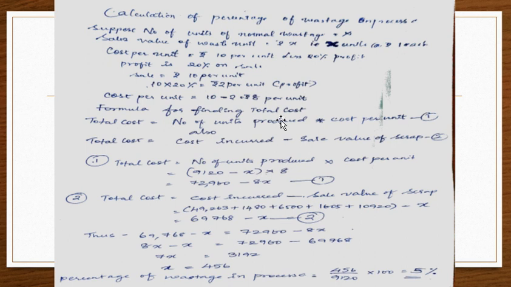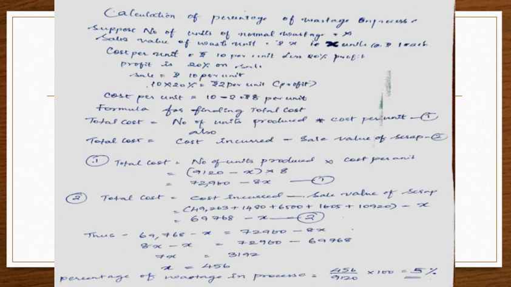In your total cost formula, to find out cost, you need to always include the number of units introduced minus any sale scrap value units as well as the value. Only then can you find the total cost. So this total cost formula helped us in finding the number of scrap units, that is your normal loss units, which is 456.